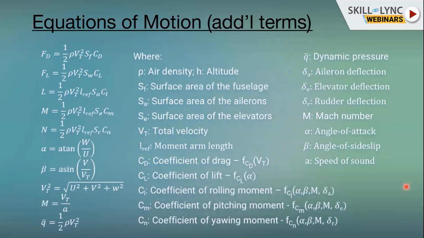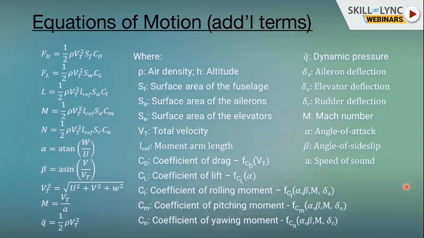And one thing I want to mention here, while we are still on this slide: the CD and the other C's are the aerodynamic coefficients. Depending on what that coefficient stands for, they could be functions of total velocity, like the way it is shown here. The drag coefficient is a function of total velocity. The lift coefficient is strictly a function of angle of attack.